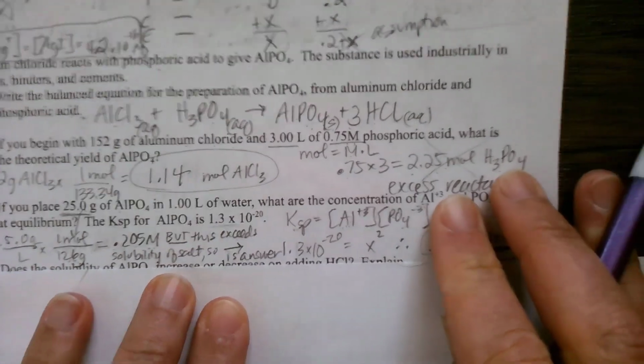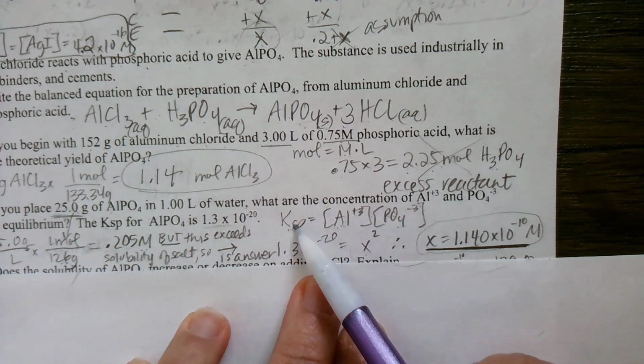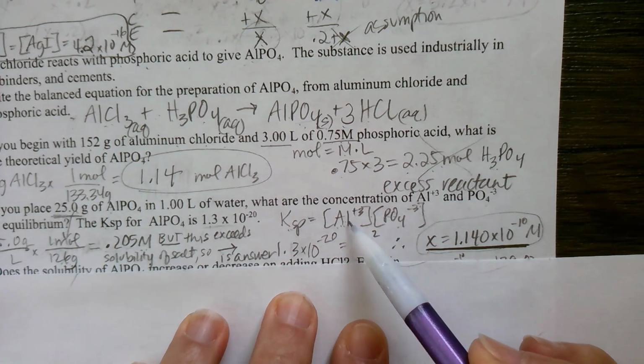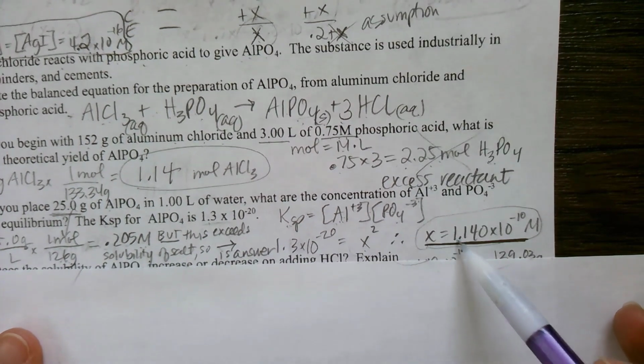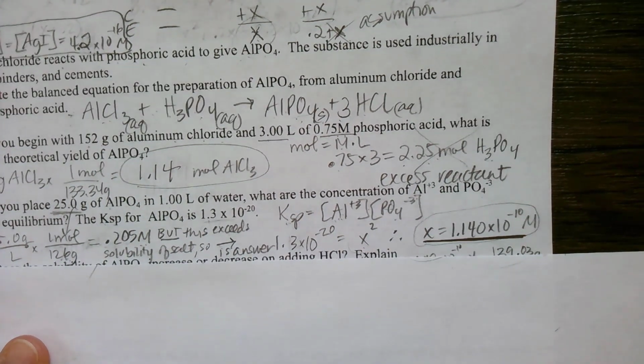So we need to look at this expression and solve for x. X times x is equal to that Ksp, the 1.3 times 10 to the negative 20. So take the square root of both sides. X must be 1.14 times 10 to the negative 10 M.